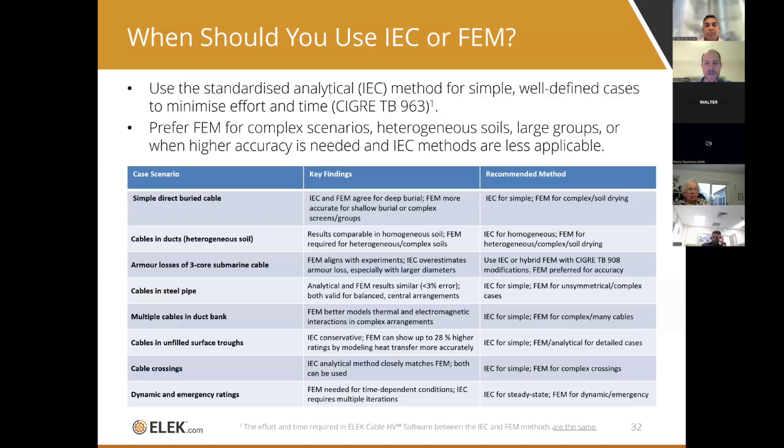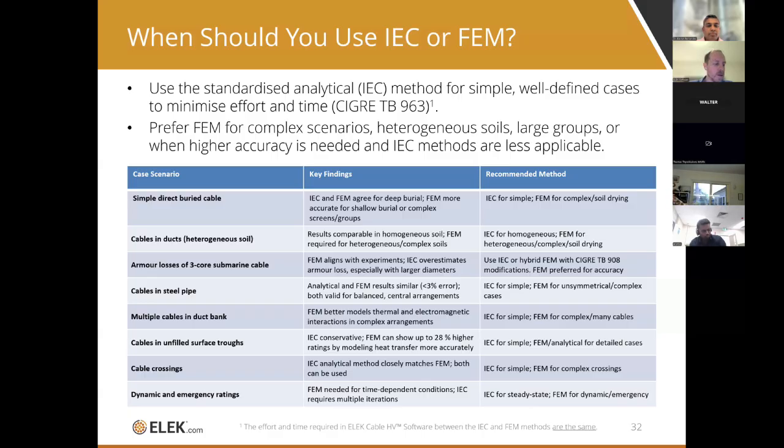So what's the recommendation? For a simple direct buried cable, IEC for simple configurations, but if you have complicated arrangements, multiple backfills, and soil drying, you will have to use FEM. There are situations where you just have to use FEM due to the limitations of IEC.